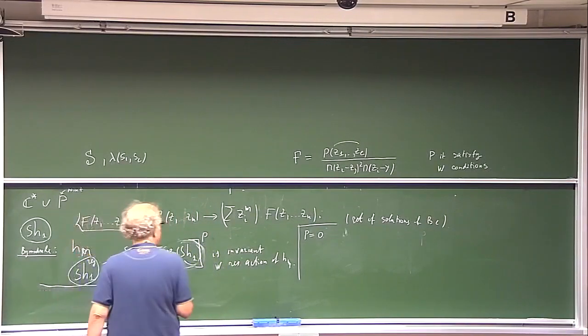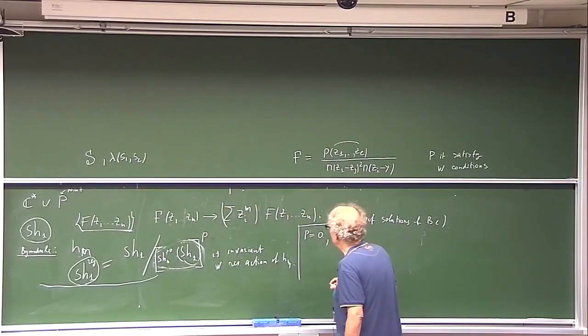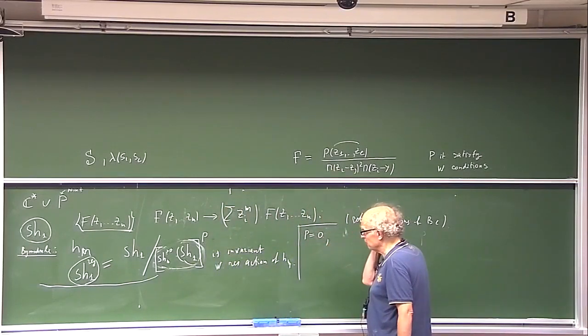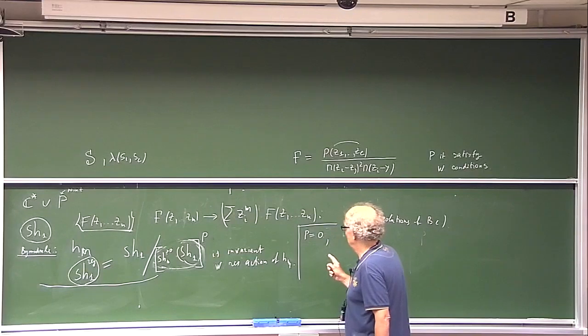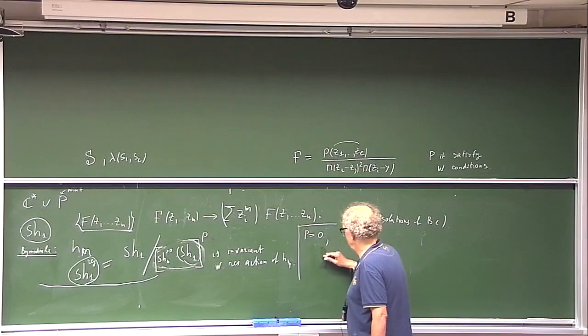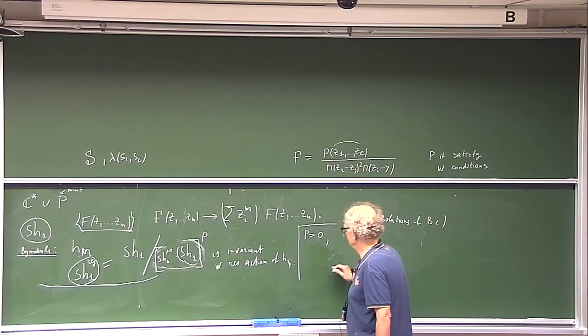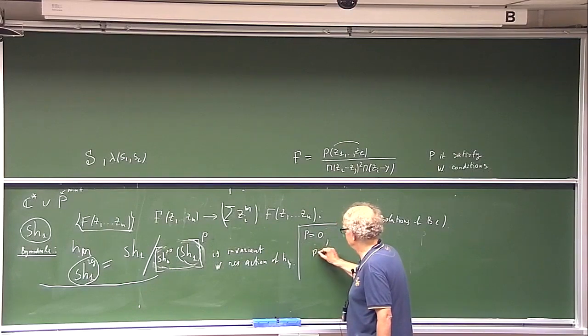And as I said, for p it is really a little bit more complicated, but actually what is true is that these zeros are labeled by plane partitions.